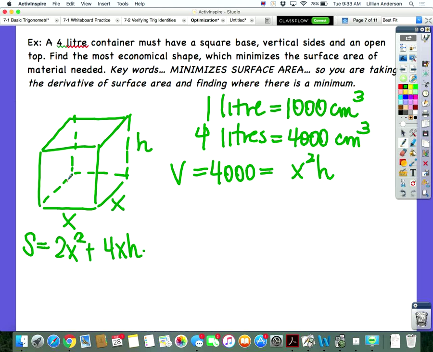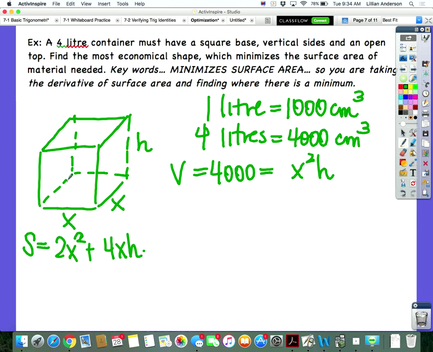Okay? Now, we just can't start taking the derivative of our surface area because of what reason? You got two variables. You got an h in there. But we can use this equation that we created for volume to solve for one of your variables and plug in.